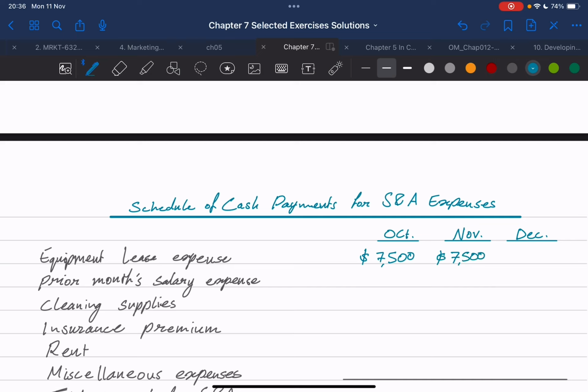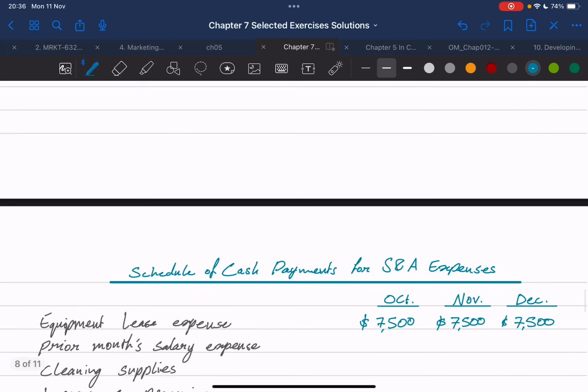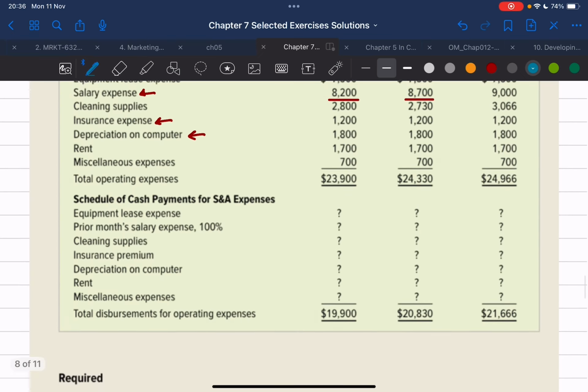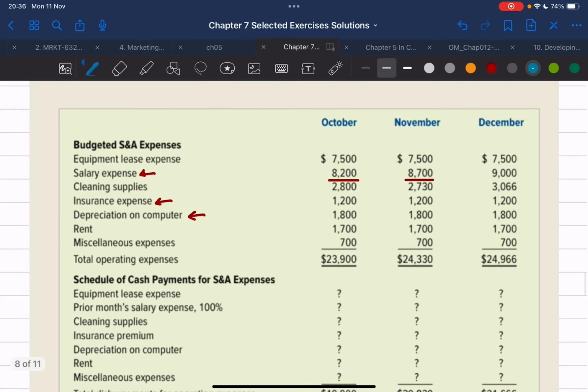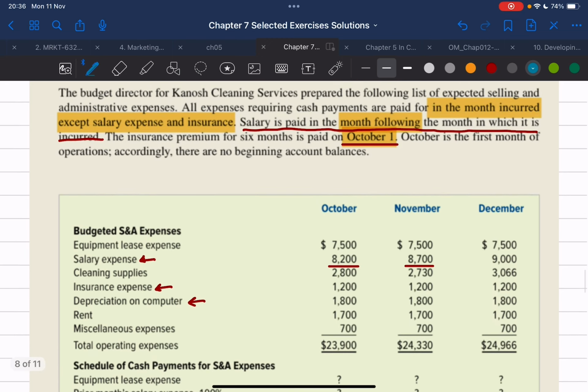For the salary expense, the prior month's salary expense is going to be settled in that month. The question told us there are no beginning account balances, so this is the first month of operation, meaning there was no salary expense in the previous month, in September. So the salary that is going to be paid in cash for the month of October is 0.